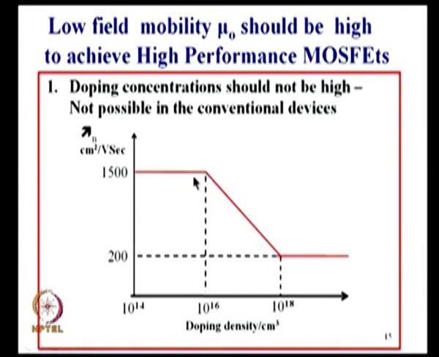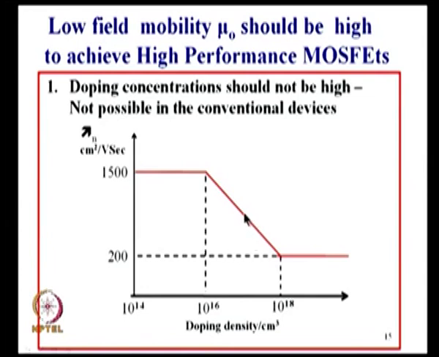At low doping, there is scattering, but it is not high compared to the lattice scattering. But when you go to higher doping concentrations, additional electrostatic scattering due to the ionized dopants takes place, and mobility falls. You can see the extent of fall in mobility. What was 1500 centimeter square per volt second can become even as low as 200.